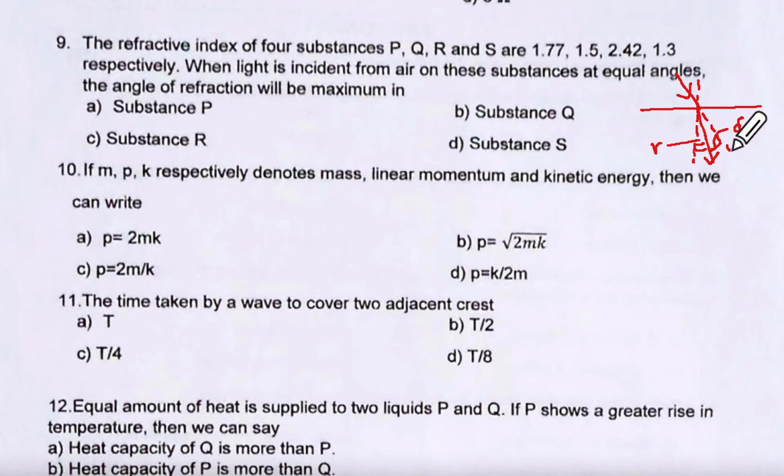If the refractive index is more, the angle of refraction will be less. The deviation will be more if mu is more. So for 2.42, deviation will be maximum and r will be minimum. What are they saying? r should be maximum, means I have to look at the minimum.